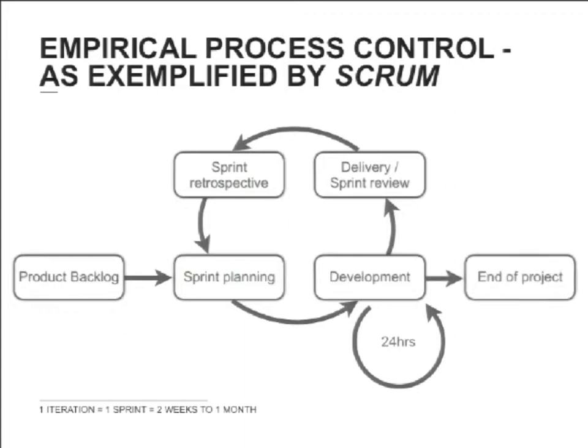So you do these iterations, and in the end, you have the end of the project, and either you reach the goal that you set out to do, or the money runs out. So what is different really is this loop in the middle. You also have kind of a chain where you start somewhere and you want to end up somewhere, but you just do it in little steps, sort of manageable little iterations.